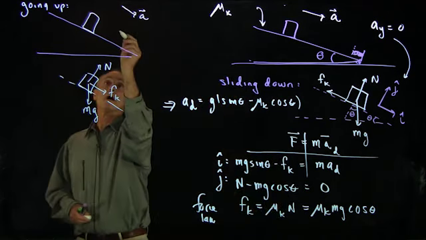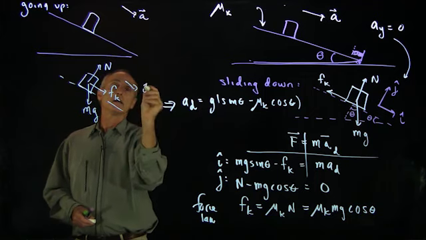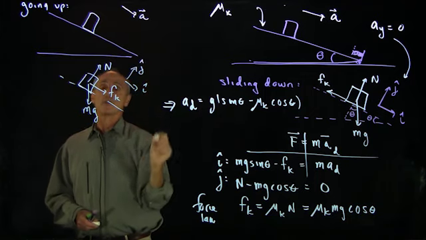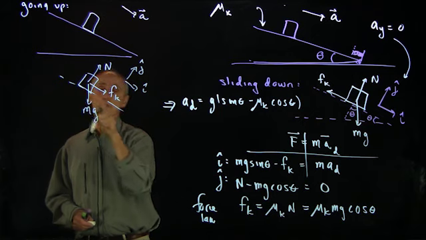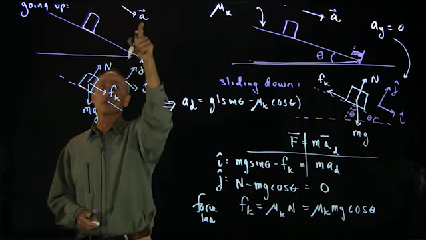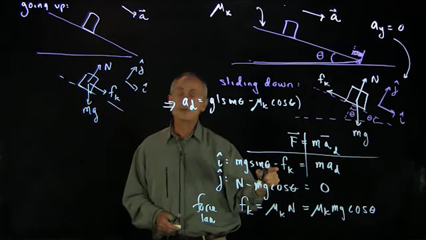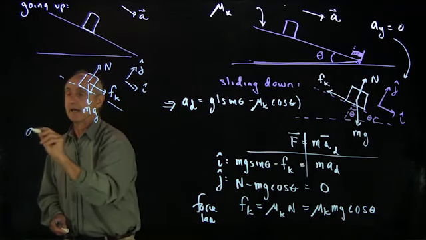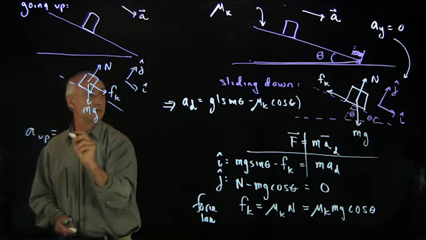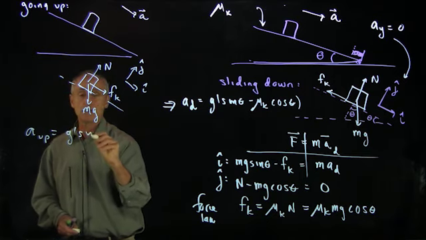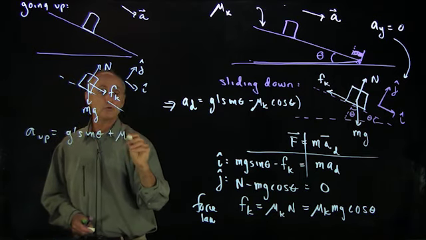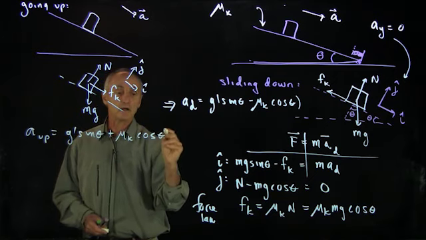So if I choose my i hat and j hat in the same direction, notice both of these forces have a positive component in the i hat direction, so the acceleration will be down. And rather than do all the algebra, all I'm doing is changing the sign, and I get that a up is equal to g sine theta plus mu k cosine theta.